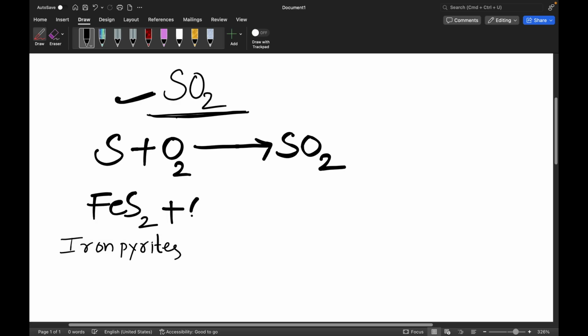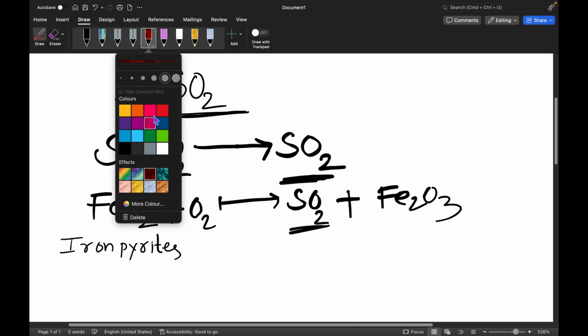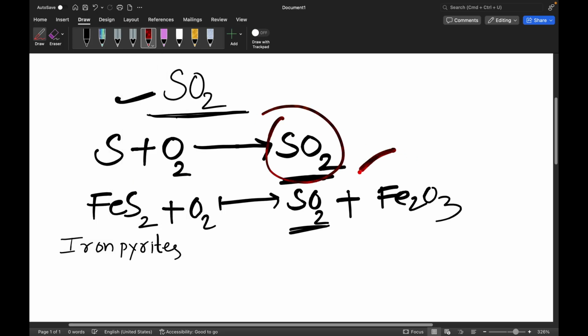When combusted, we will get sulfur dioxide gas plus iron oxide, Fe2O3, is formed. So these are the two reactions mentioned here. So using these two reactions, sulfur dioxide can be prepared here.